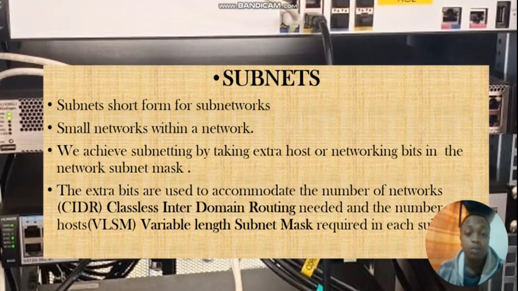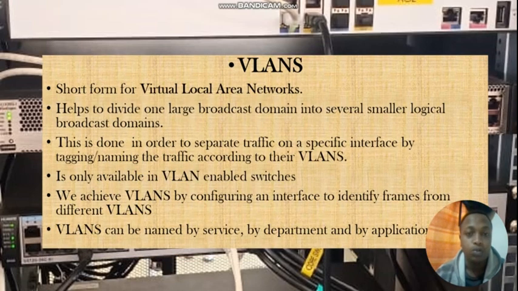The extra bits are used to accommodate the number of networks that is in classless interdomain routing, and in variable length subnet mask we take the host bits that we need to take or subdivide or work with, so that we achieve subnetting. So that's it when it comes to subnets. For more details, kindly go to the subnetting video and then come back to this one.